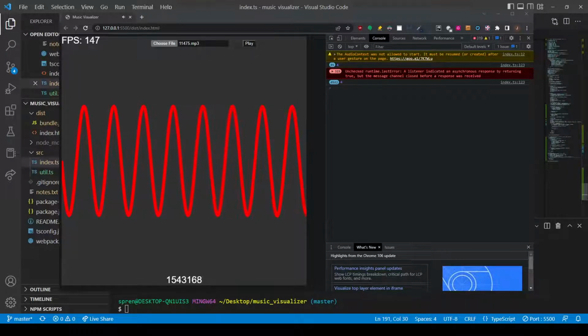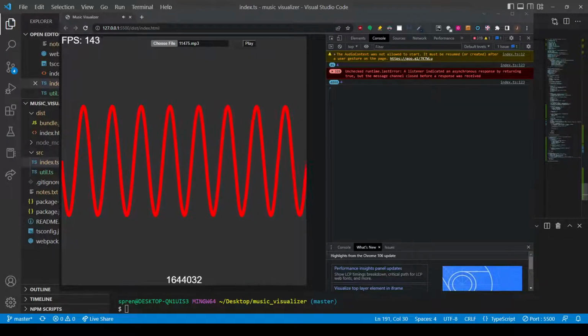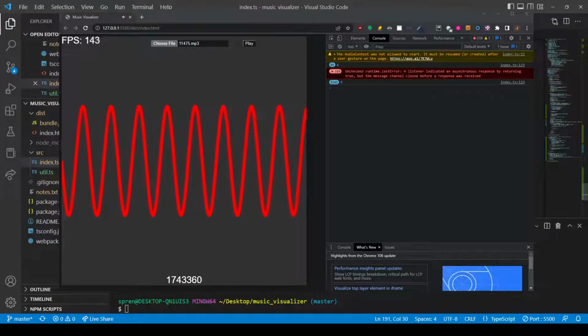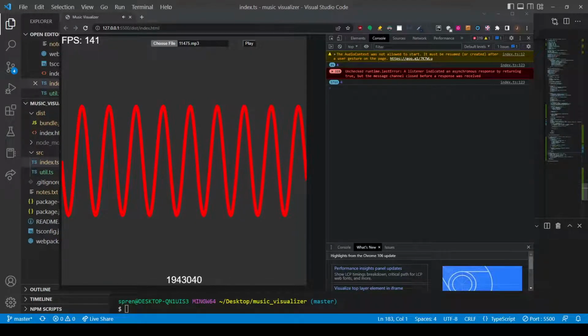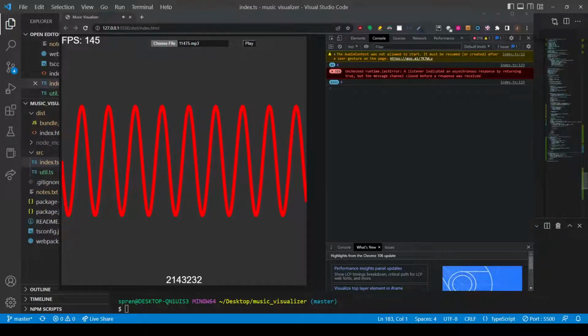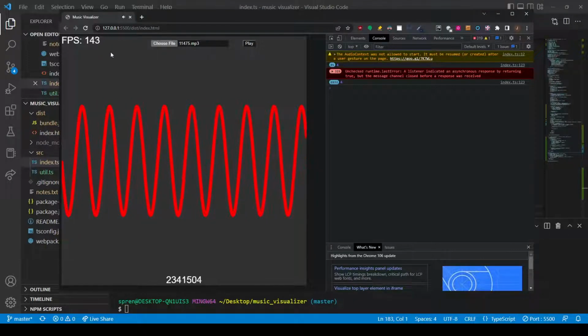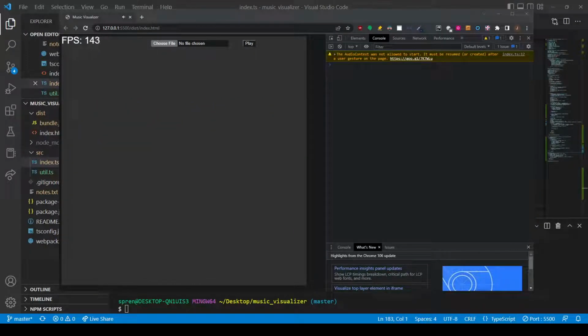Okay, so the fact that I'm giving it a perfect sine wave, and it's still like, I don't know what the frequency is, that's a problem. Right? That is a problem.